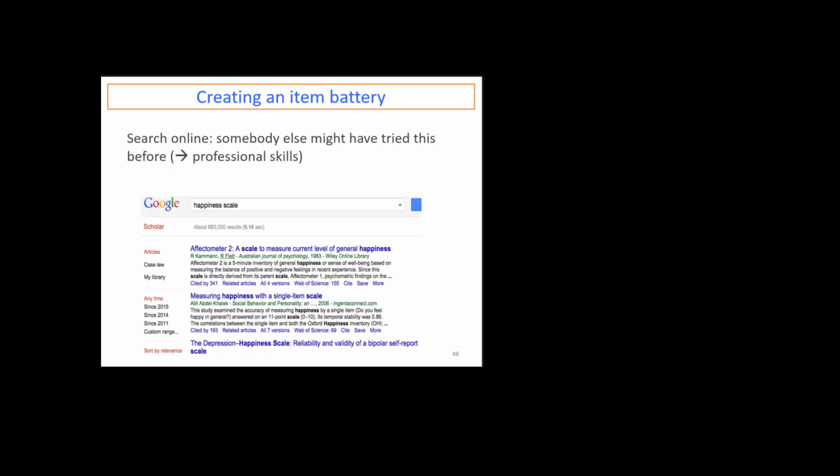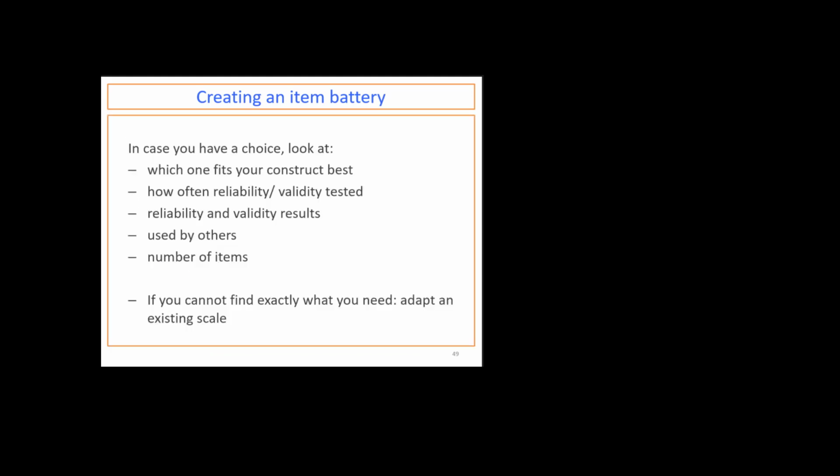So just go on Google Scholar or in the TUE online library and just check if someone else already had created a skill. And then probably you will find more hits. So you will see more people have created a skill, and then which one to choose.